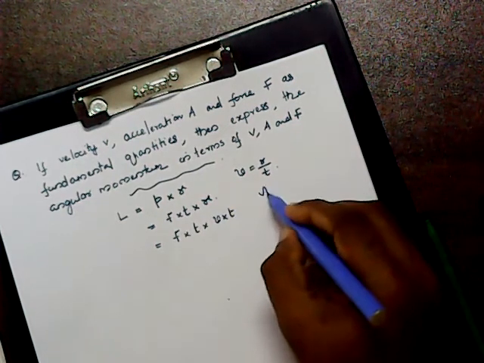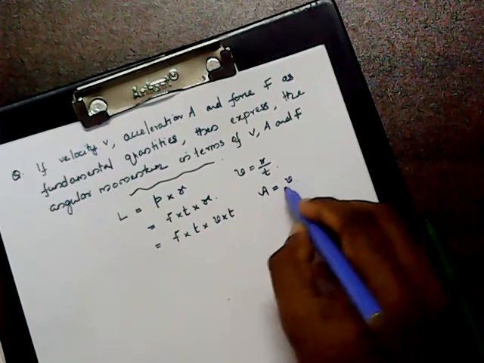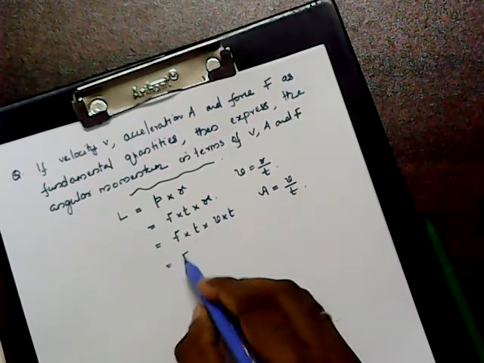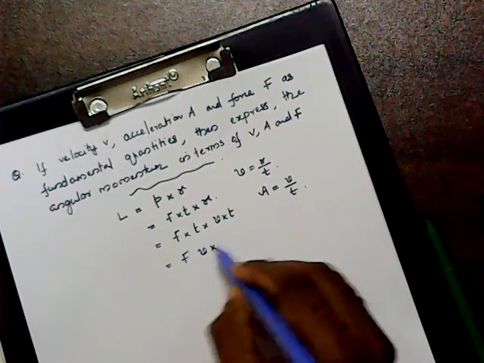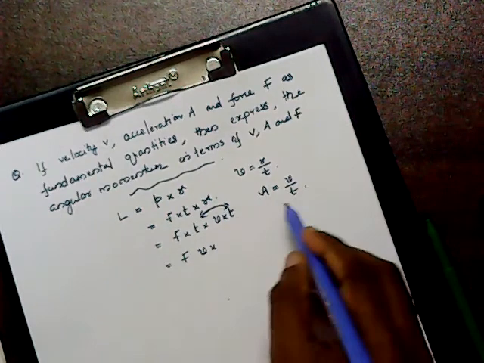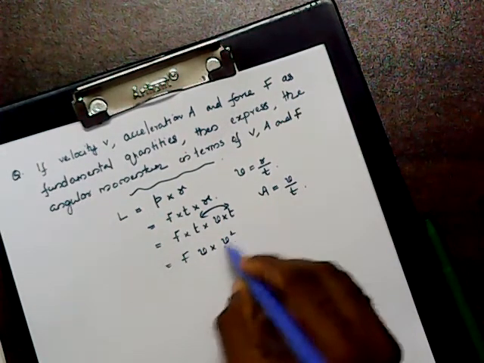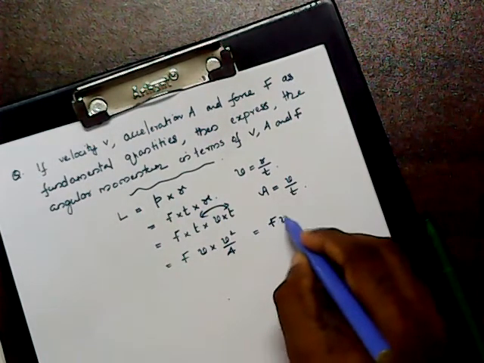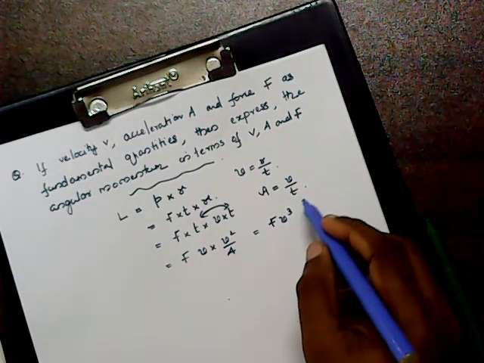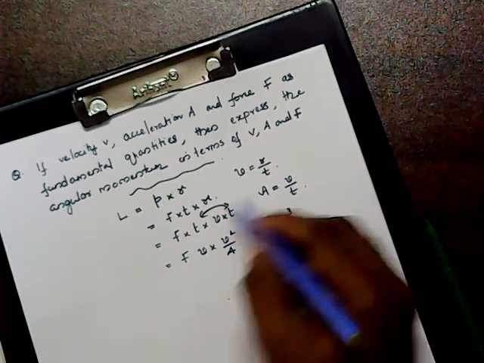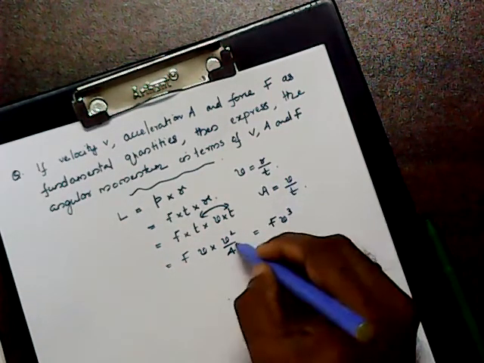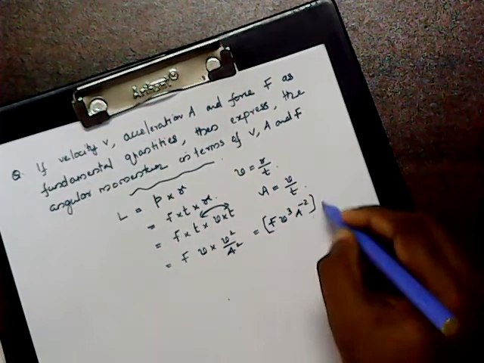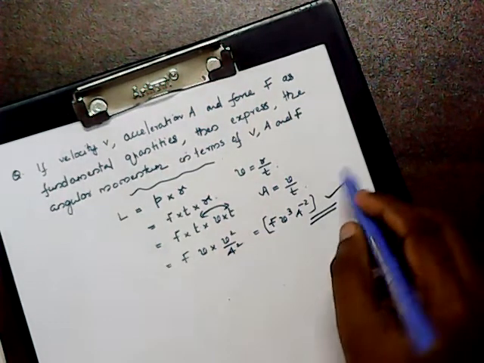But we know again the acceleration is what? The velocity by time. So t can be again written as, so f into v into t square. So t square is what? Again v square division by a. So we get the answer as f v cube. So t square, that is v squared by a square. So a raised to minus 2. So we can easily find the relation.